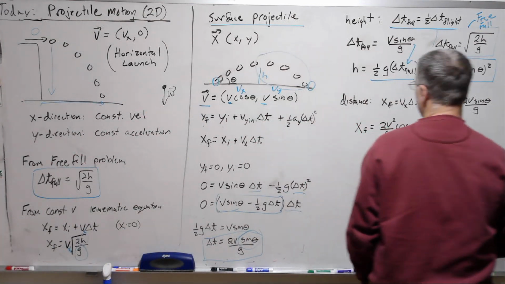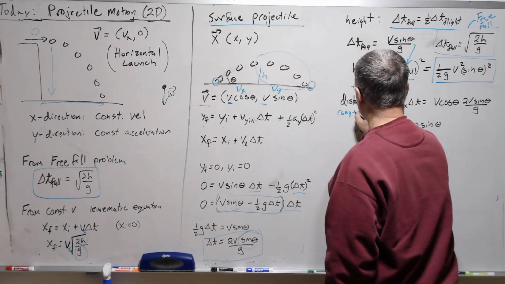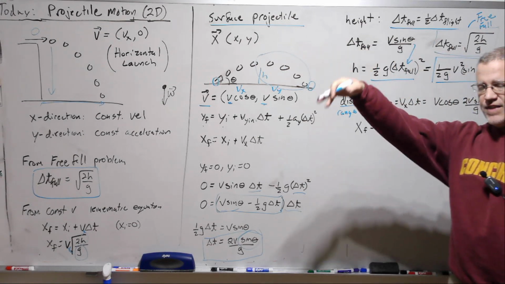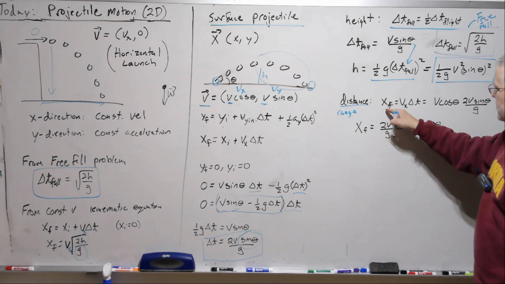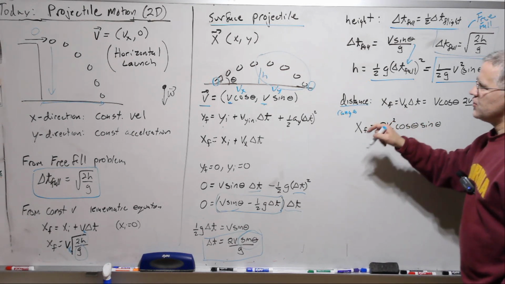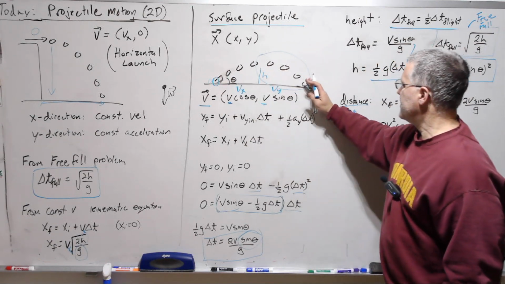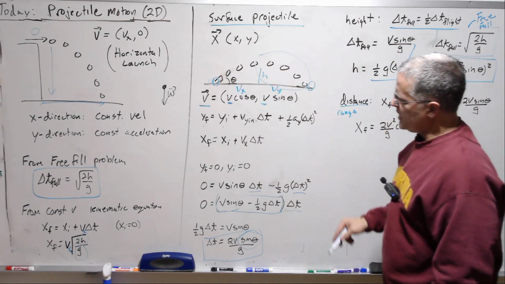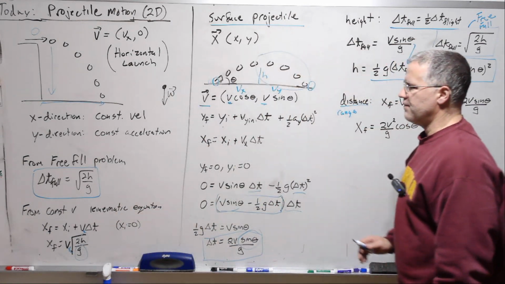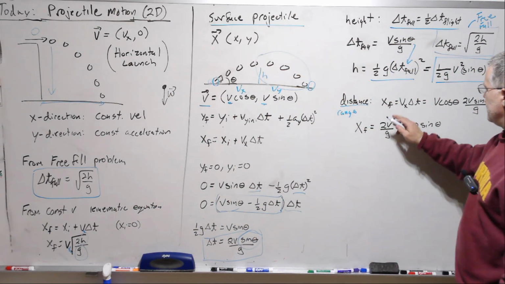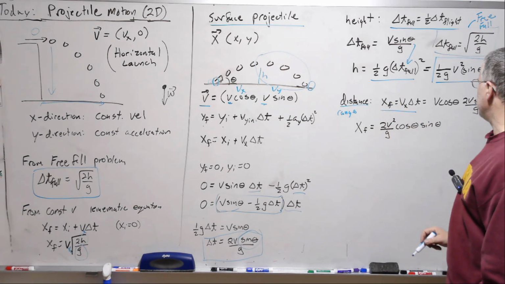Okay. Well, distance. This would also be called range. What's the range of that projectile? So we'll assume here we're at x equals 0. How far is this? We'll use the kinematic equation for a constant velocity. But x initial is 0, so we simply have this.